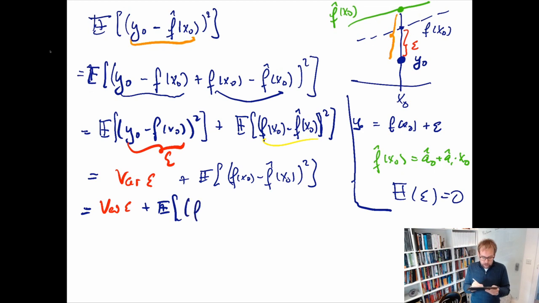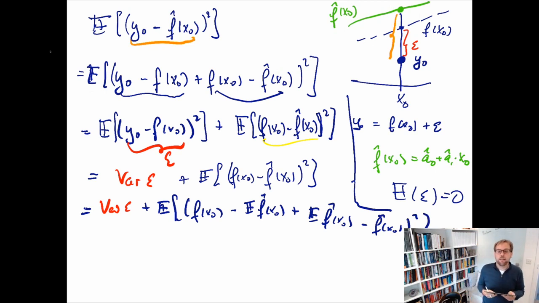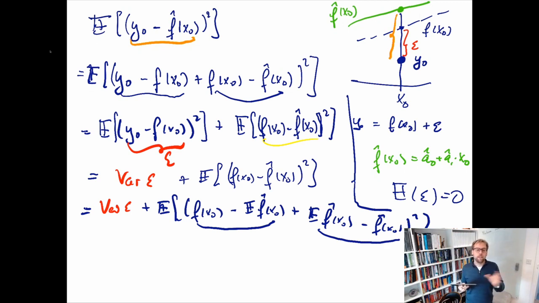I do f of x0 minus the expectation value of f hat of x0, then I add back the expectation value of f hat of x0, and then minus f hat of x0. So now nothing has changed, and this is still the same expression as above. But now I can do the same trick as before. I will group those two terms, and then group those two terms, and resolve this square.